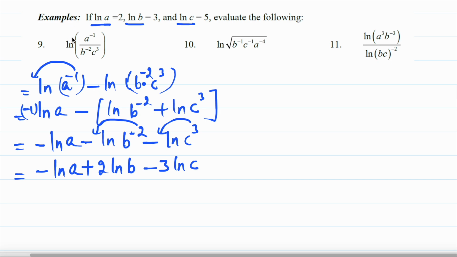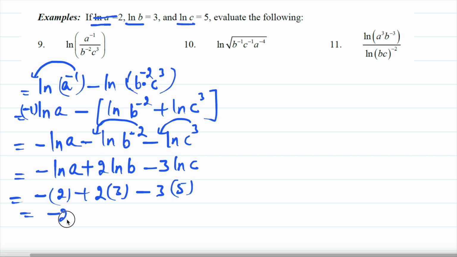Now all we have to do is, we already know the values of log a, log b, log c, and we will plug them in here. So natural log a is 2, natural log b is 3, and natural log c is 5. So it's going to be negative 2 plus 6 minus 15.